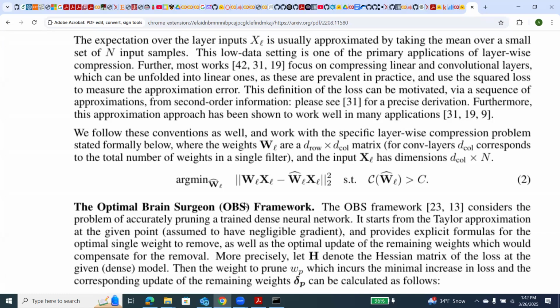Let's say again, this method assumes that we have some training data. So X is the matrix with our training data. As you remember, it has data in rows. And W are the weights of our layer. So they propose to apply the Optimal Brain Surgeon idea not to the entire model, but to one layer.